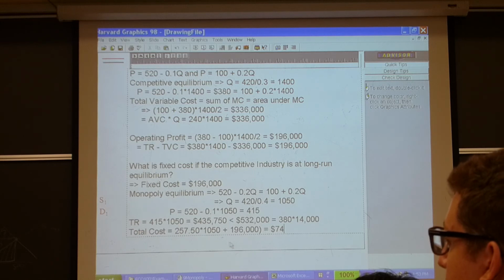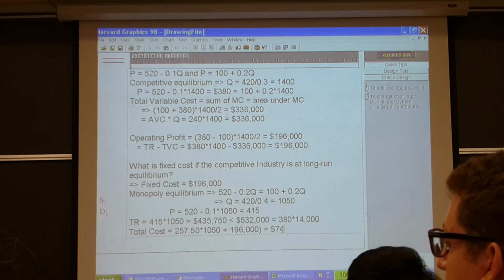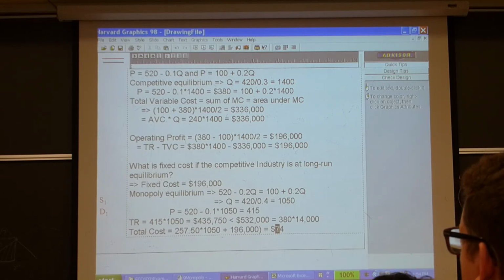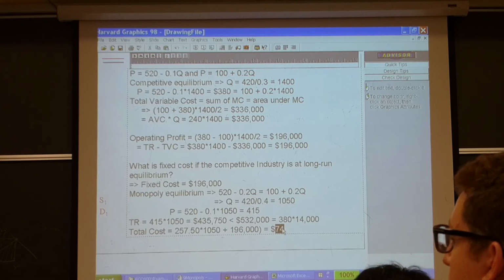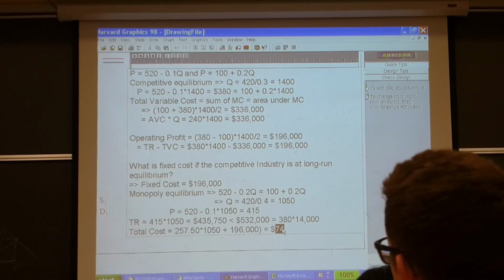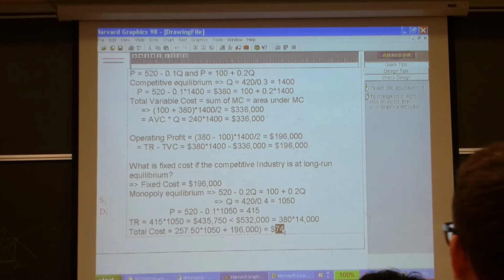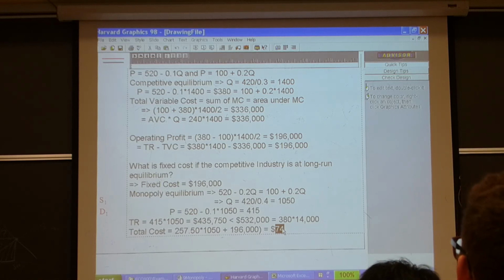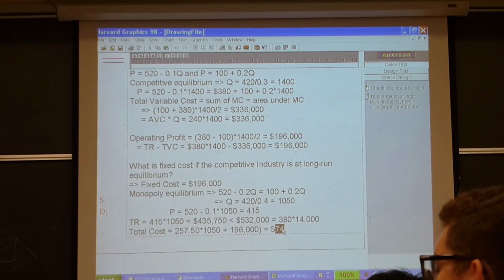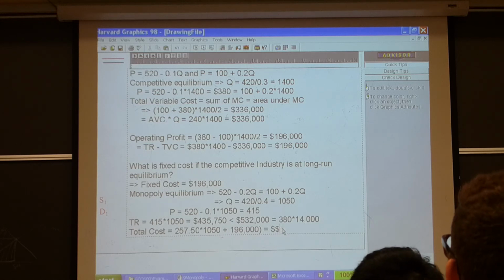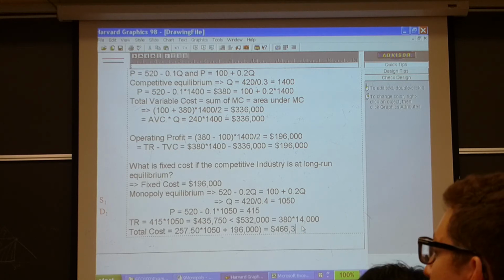Or the total sum of these two? Just give me the total cost. People, what's the total cost? Try to follow along. There's a point to all this. It demystifies it. What's the total cost? Okay. That's the total cost.